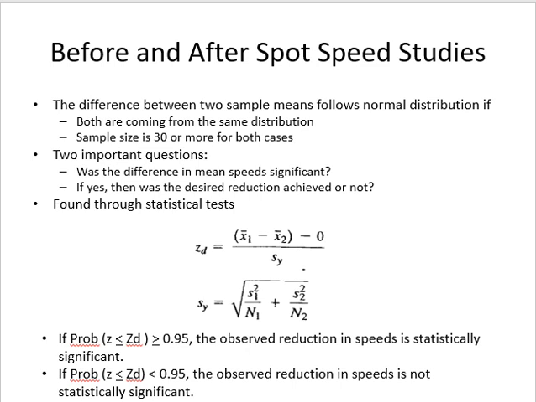S meaning standard deviation, and N meaning number of vehicles. I need the standard deviation of the before sample and the number of vehicles in the before sample. I need the standard deviation of the after sample and the number of vehicles in the after sample. So this also shows they can be different: S1 and S2 can be different, and N1 and N2 can be different.